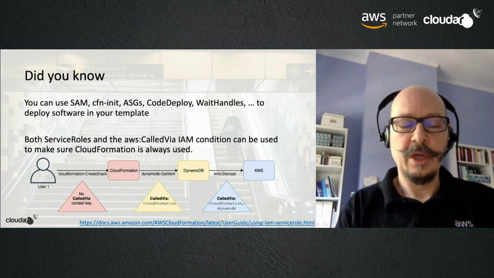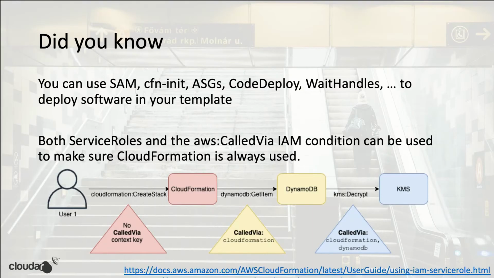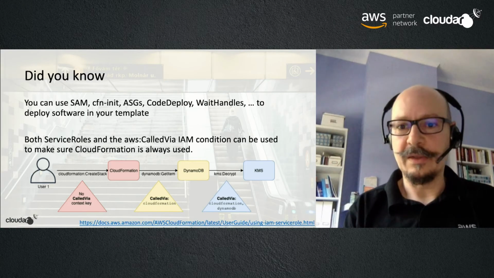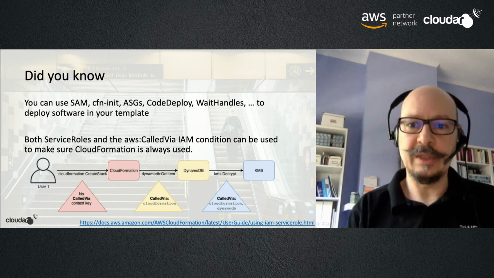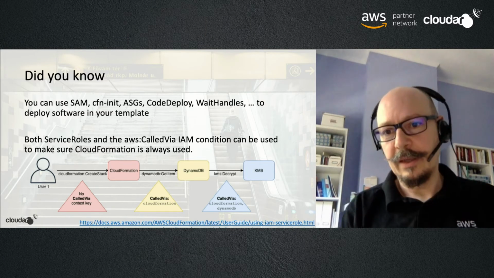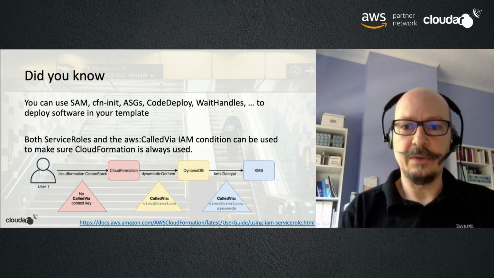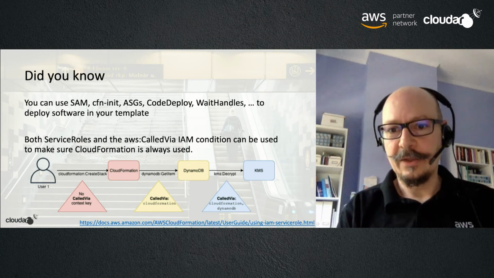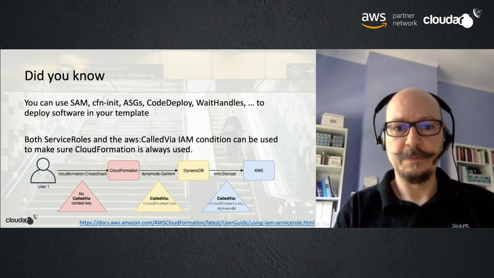So you give a service role to CloudFormation, and you provide the right privileges in that service role to actually manipulate the resources that need to be deployed. So in that example, it could be DynamoDB, it could be that the data needs to be decrypted, and then it needs to also access the right actions on KMS.